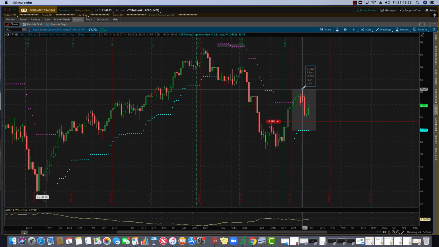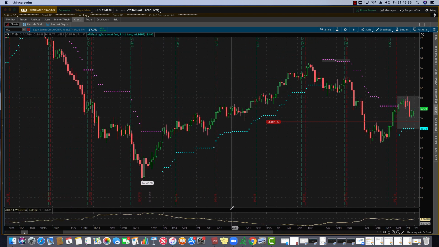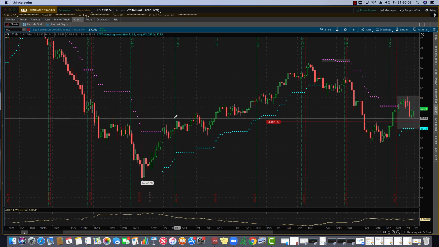And you'll see that hopefully acting as a support. If you look back here, you saw it happening many times. So from here to here was a range, and the market bounced around in that range several times, and then went into a new range from here to here.